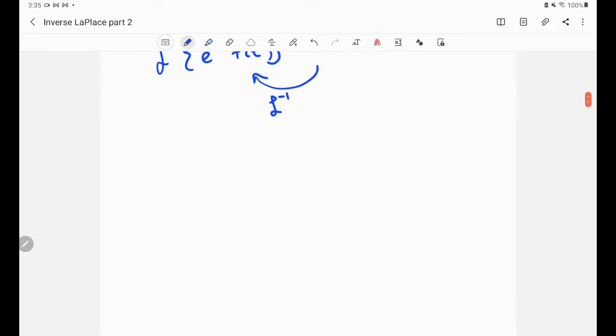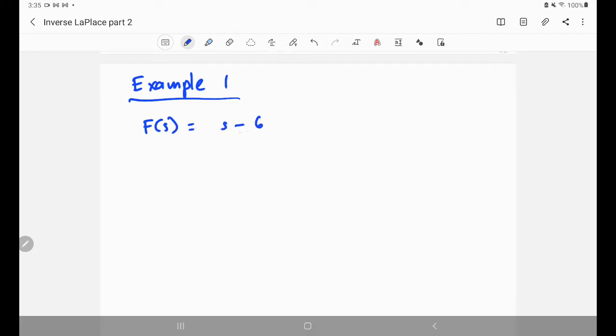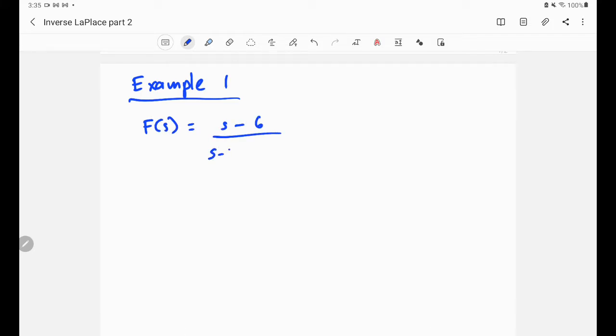So here we will look at some examples. Let's do the first one. We have (s minus 6) over ((s minus 1) squared plus 4), and they ask you to find the inverse of that.